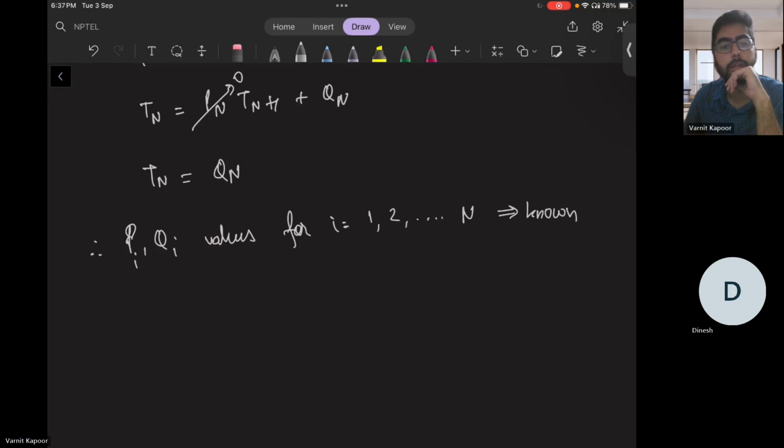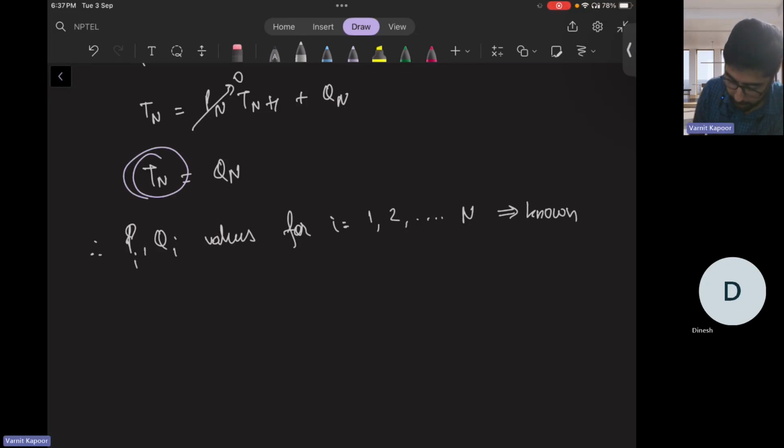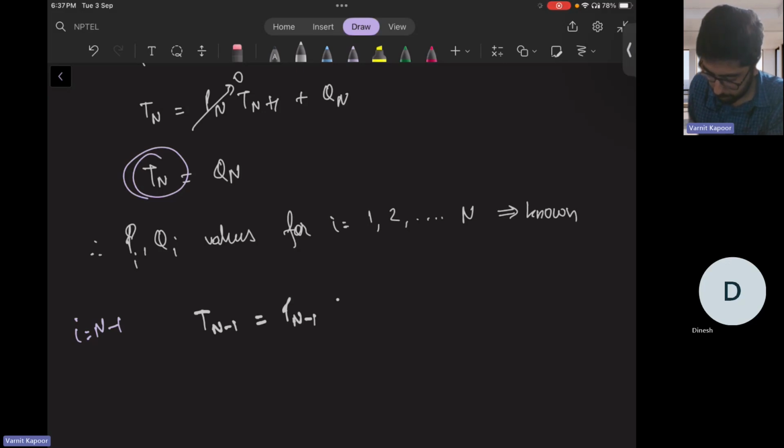Now you will start the back substitution because you got the value of Tn. If now I is equal to n minus 1, T of n minus 1 will be P of n minus 1 times T of n plus Q of n minus 1. This is known from here.